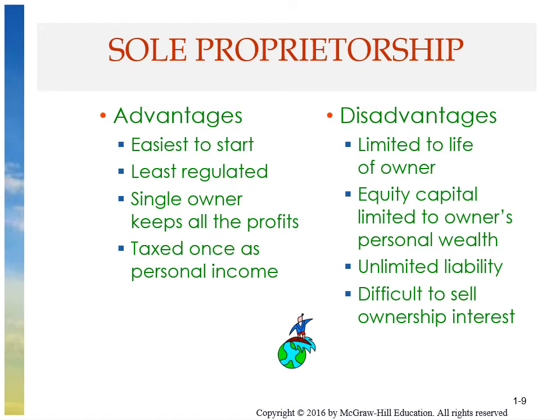If you own a company by yourself, the advantage is that it is very easy to start. You are the owner, you do the business on your own. This is a single owner who keeps all the profit. Since this is not a form of corporation, not a form of company, you treat the income as personal income.